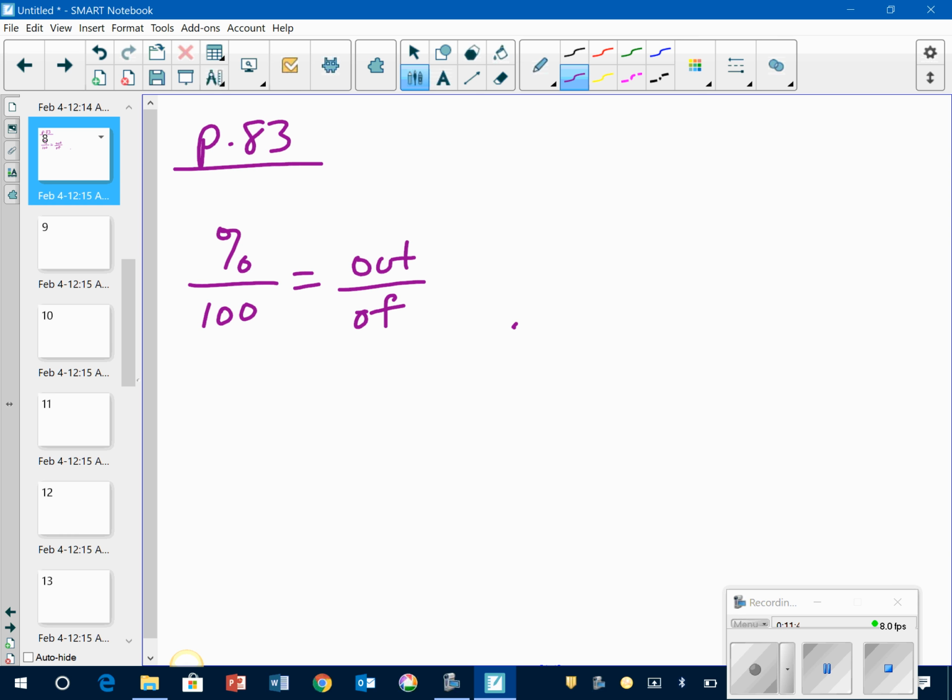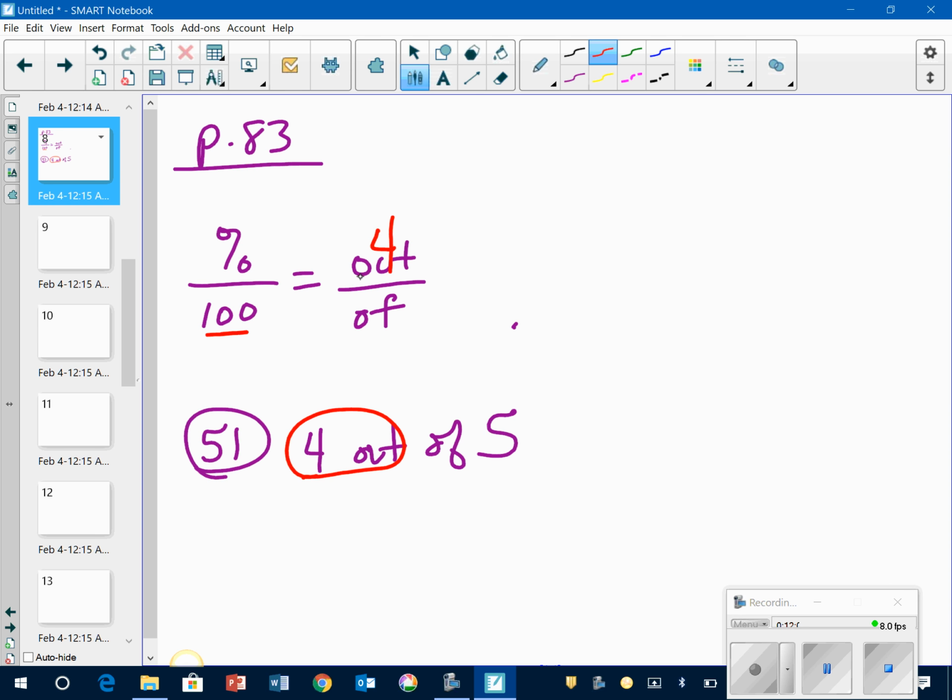Question number 51 is asking for 4 out of 5. We always keep our 100, that's always a given number with this formula. We have 4 out of 5, so 4 will be over 5.